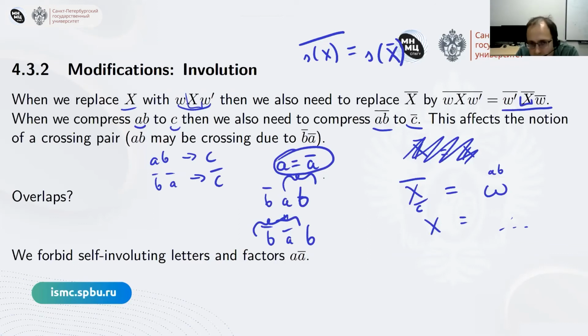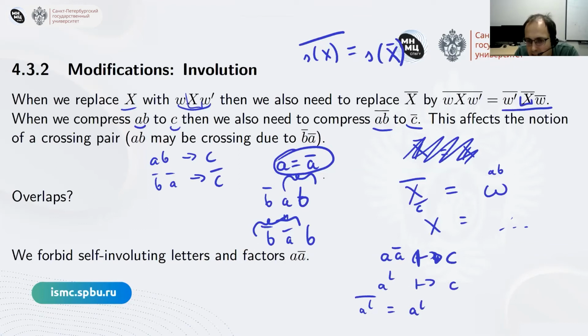So this cannot happen. And later on, if we were to introduce some self-involuting letter, then this could either happen when we compress a pair AA into a new letter C. Okay, this is one case, and the other is that there is some A to L which we would like to compress into C, and again, this A to L is self-involuting.